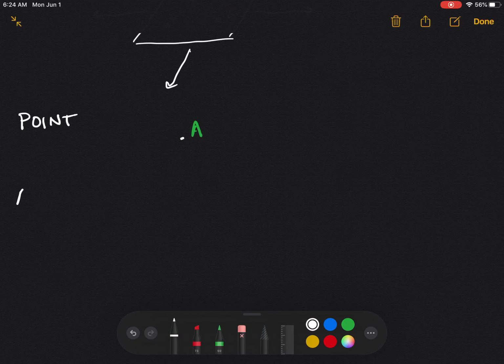So lastly, we're going to talk about angles, and we'll be talking about more angles tomorrow, I think. And an angle is two rays together. Okay, an angle is two rays together. And you have to have three letters, and there are three different ways to name it. Okay, so you could have angle ABC.